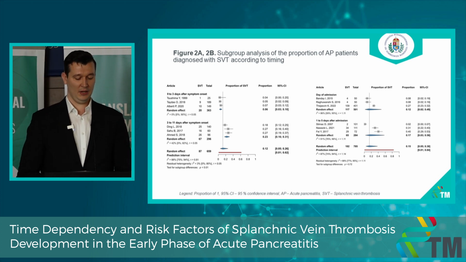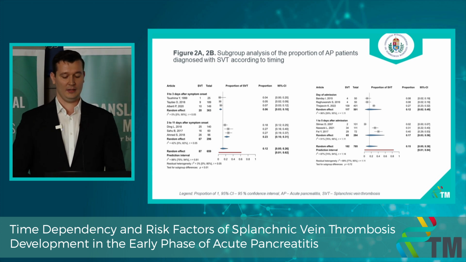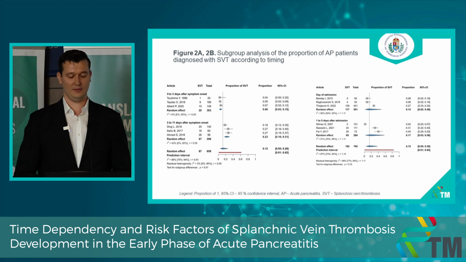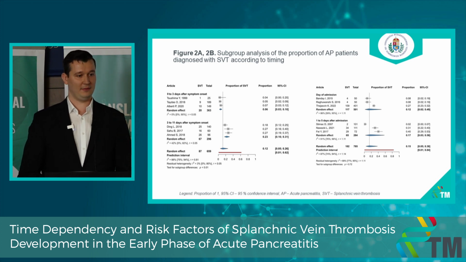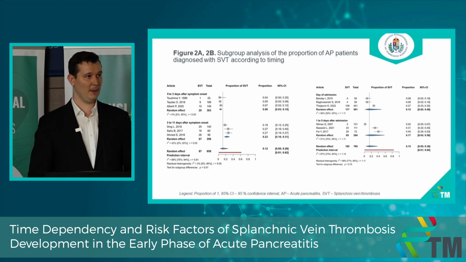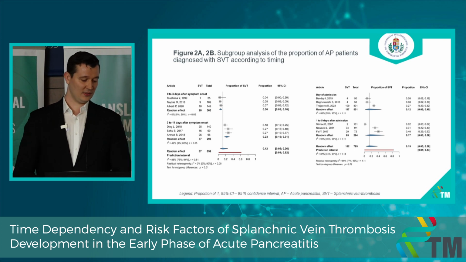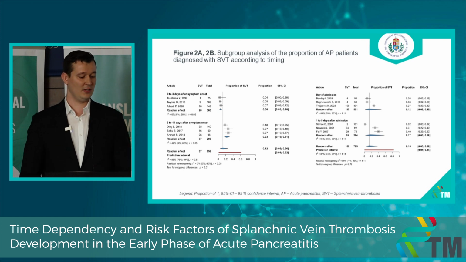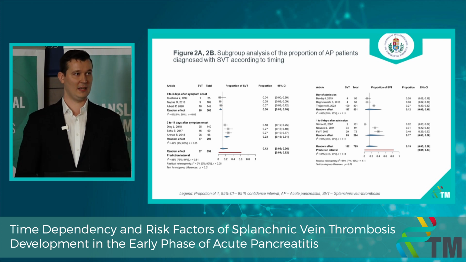And on the right, you can see that on hospital admission, the prevalence is 12%, while 1 to 5 days after hospital admission is 17%. So these results suggest that SVT development takes place at least 3 days after symptoms onset. Additionally, the prevalence is high on hospital admission.